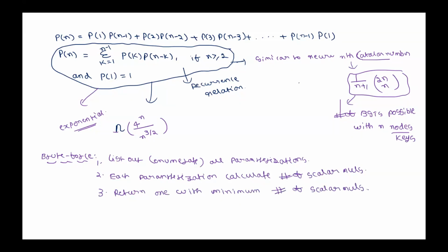Is that correct? Brute force algorithm lists out all possible parenthesizations, for each calculates how many scalar multiplications are required, and returns the one with the minimum.